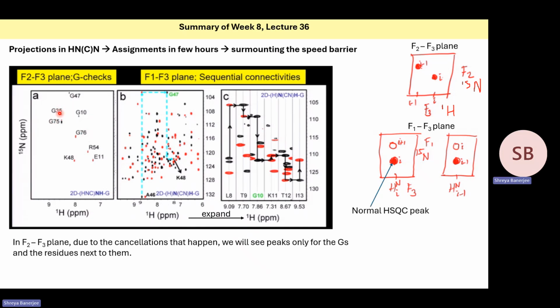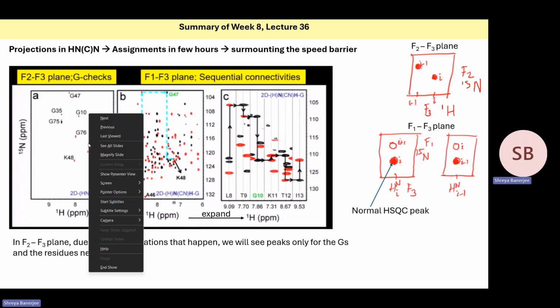Or suppose, glycine 47, lysine 48. So all the glycines that are there in the sequence, they will appear in the F2, F3 plane. The other residues are mostly cancelled out.